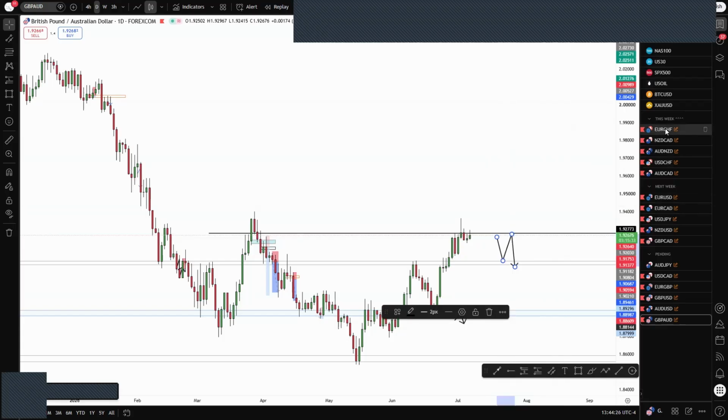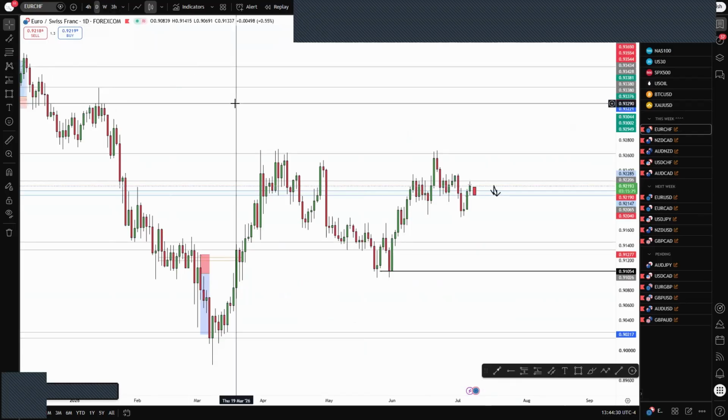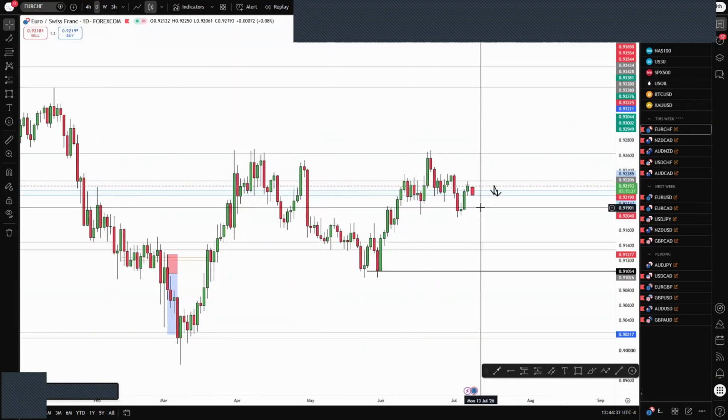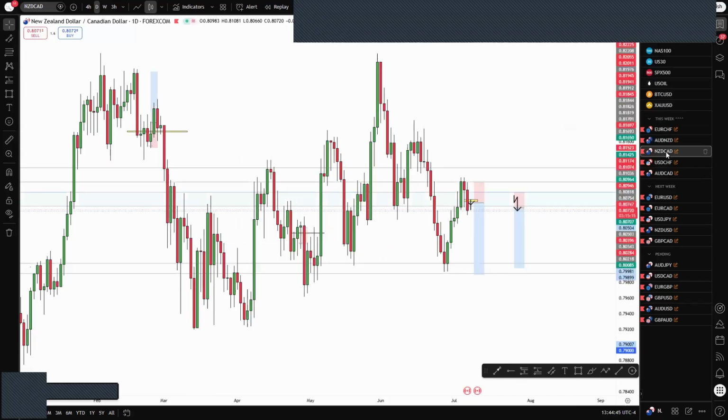We try to play around this pair. You can see, but I also like USD CHF, EUR CHF. It's a clean setup, and AUDNZD. This one would have been a perfect setup if just the stop loss was reduced, but it ended up buying more.